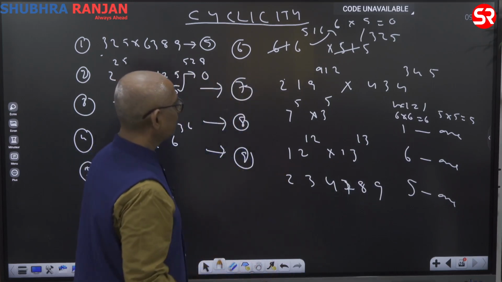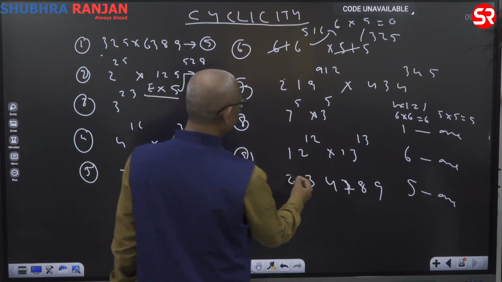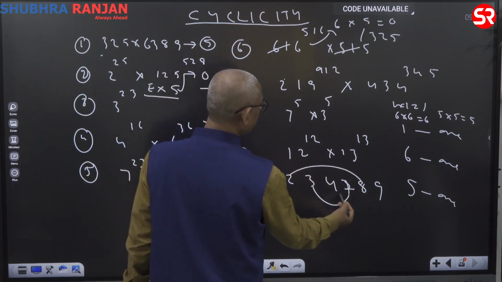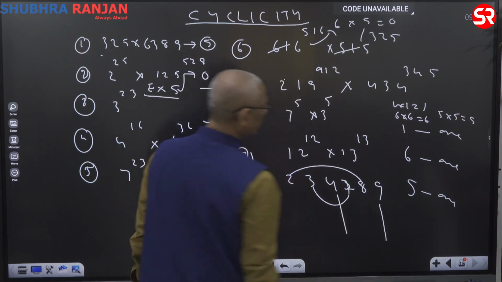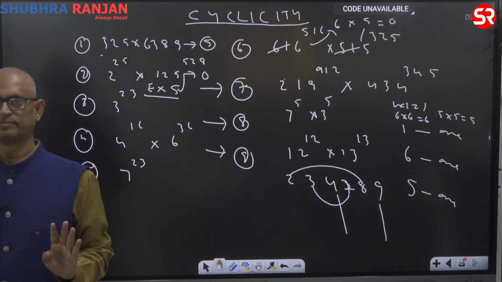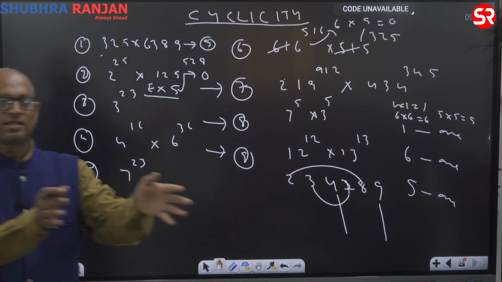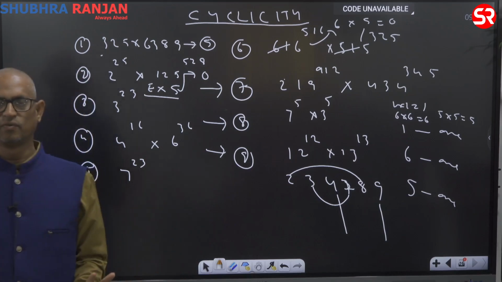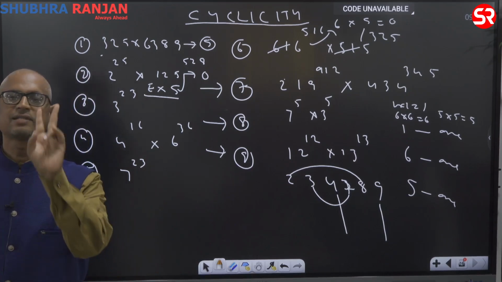Among these, linked numbers are there. What is the linked number for 2? 8. What is the linked number for 3? 7. Separate the set of linked numbers. Then what are the digits remaining? 4, 9. These two digits are having cyclicity 2.